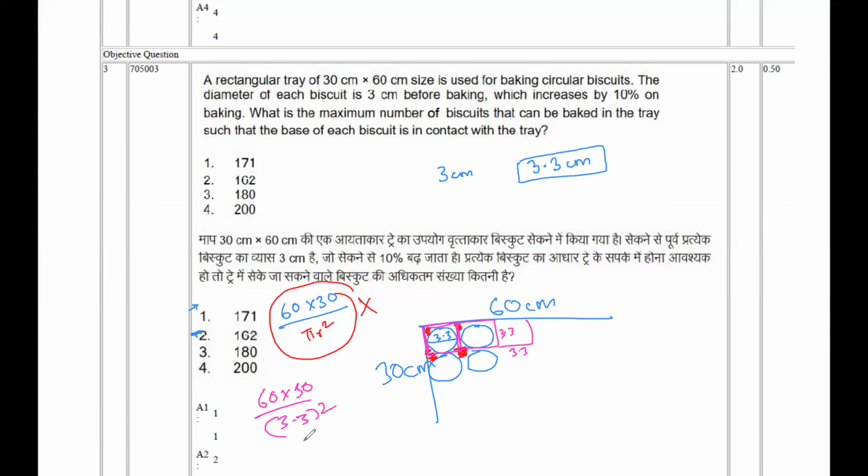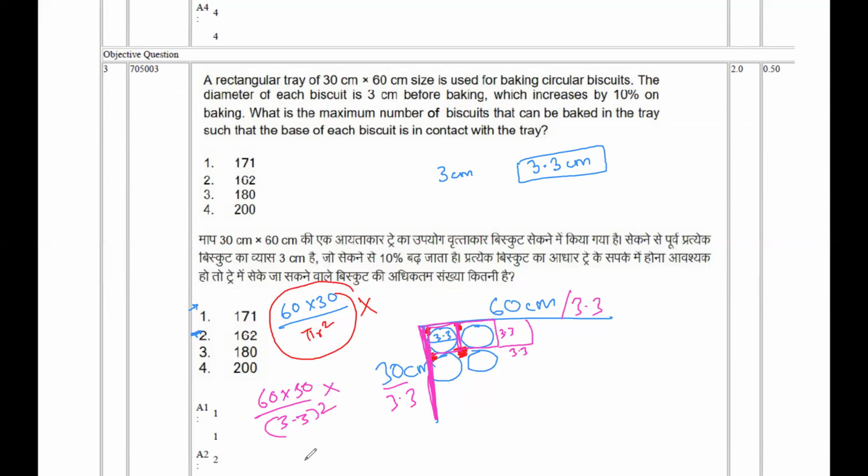Now this time you'll understand that 30 divided by 3.3 is not going to give you an exact number, neither on this side, 60 divided by 3.3, right? It'll give you a mixed fraction number. So even this will not exactly give you an answer. It will give you a near about answer, but not an exact one.